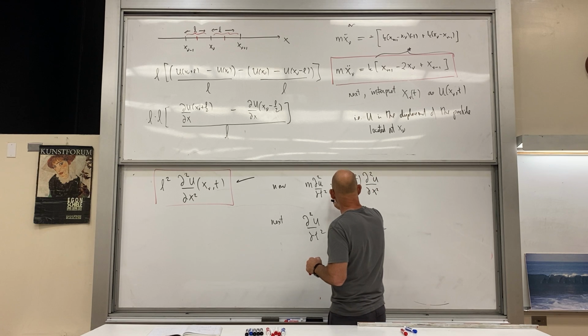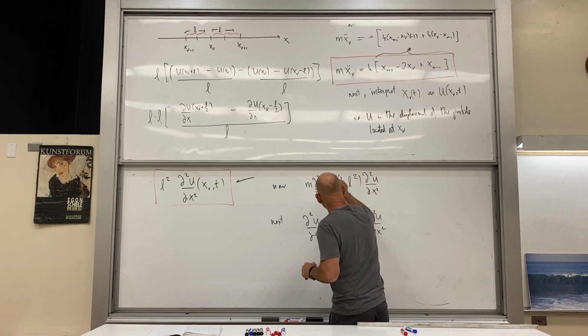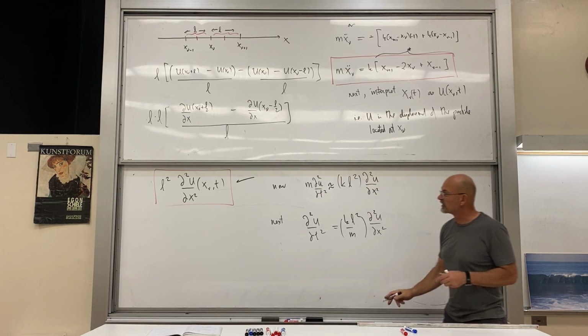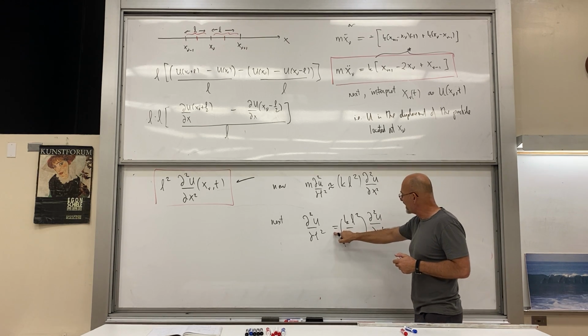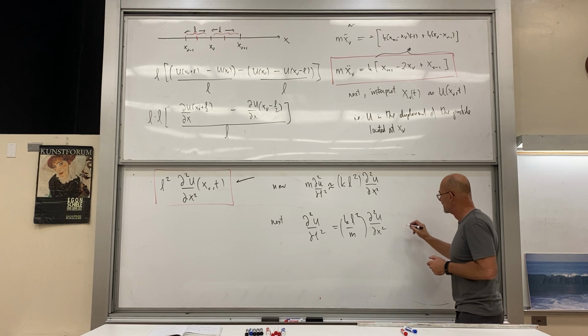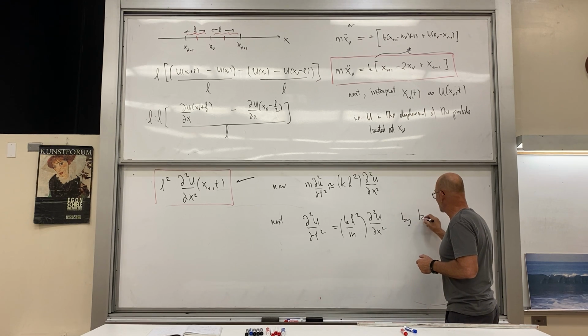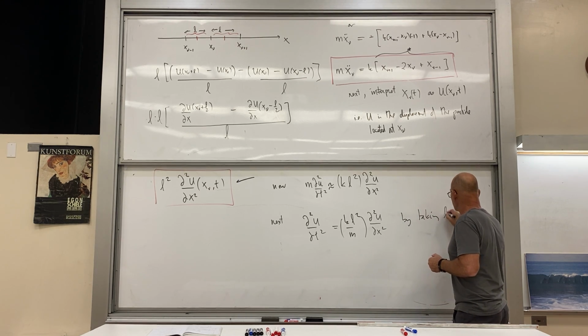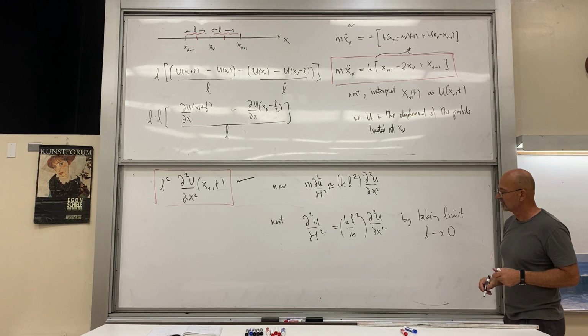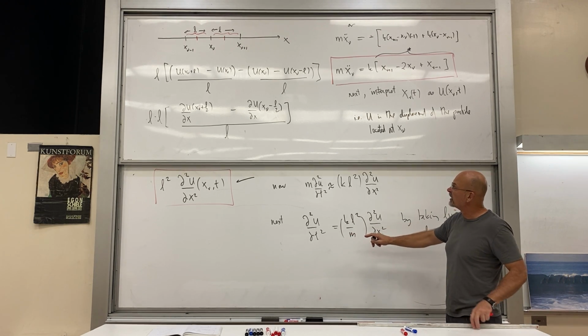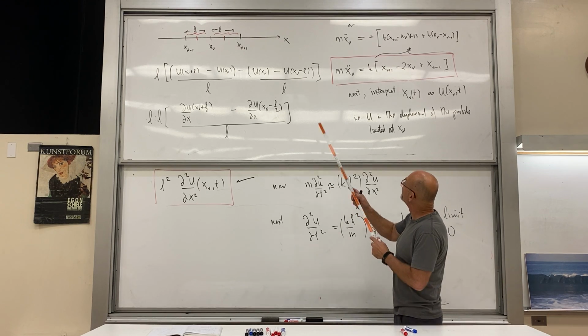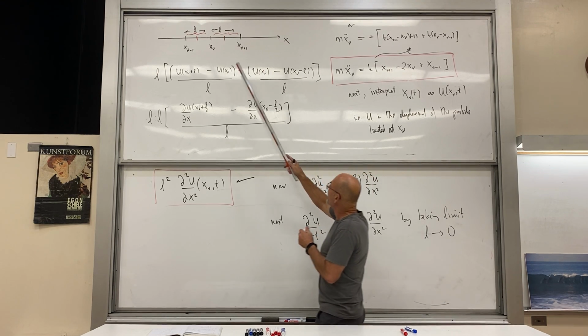You know what I could say is this. Right here, it's still an approximation because we just had difference quotients. Okay, here's an approximation. We want to make it an equal sign by taking limit L goes to 0. And in fact, we can take the limit as L goes to 0 if we imagine distributing the masses uniformly.